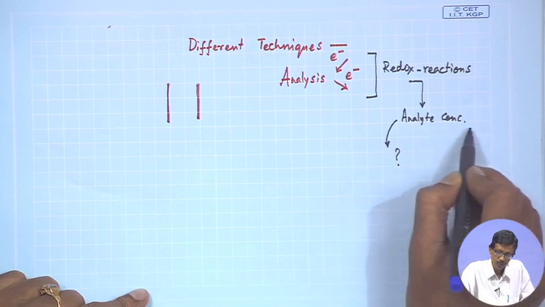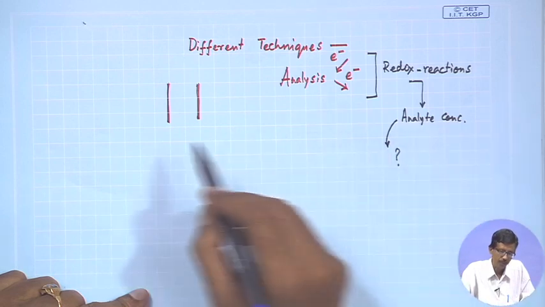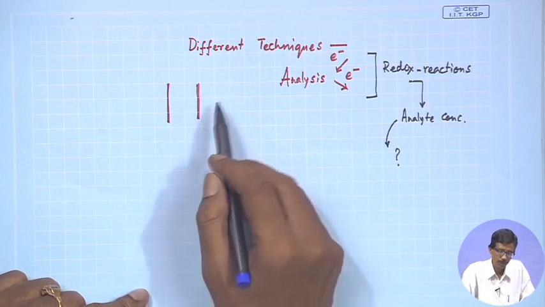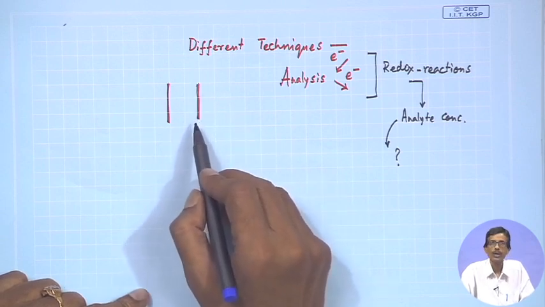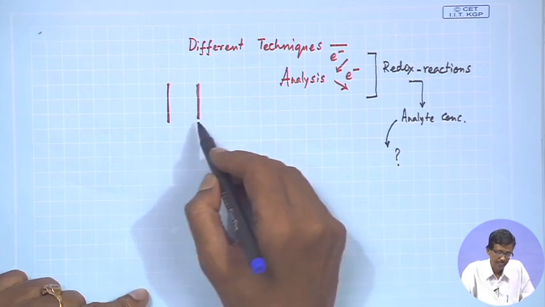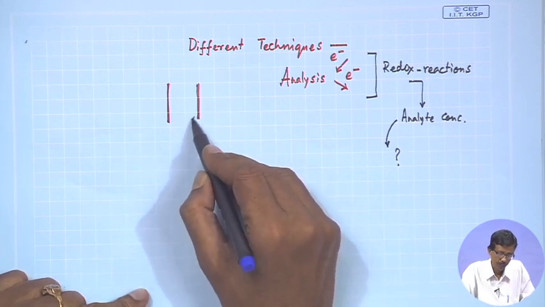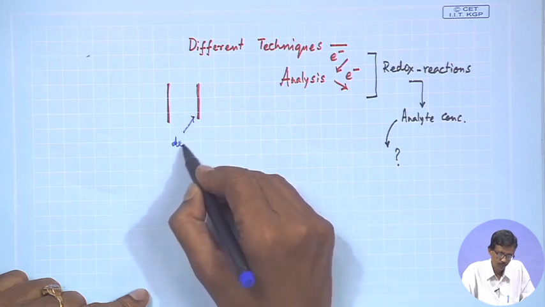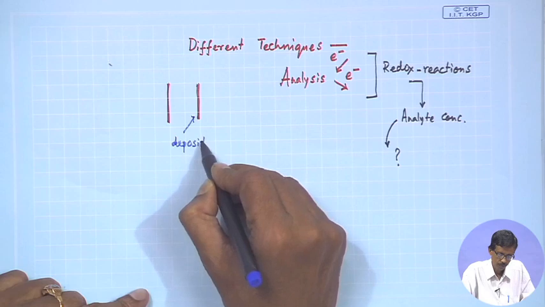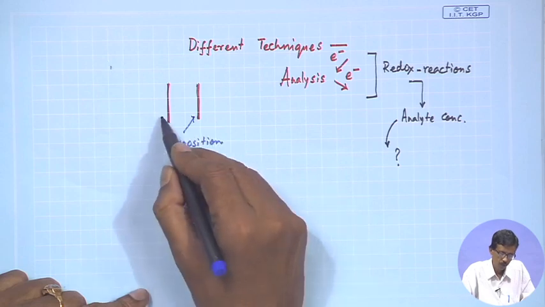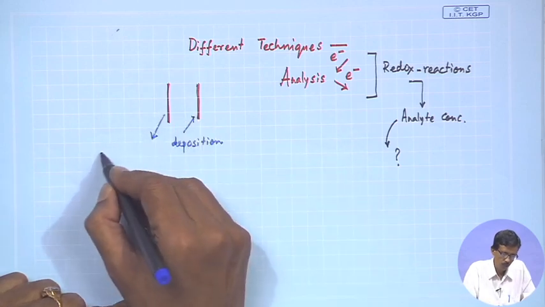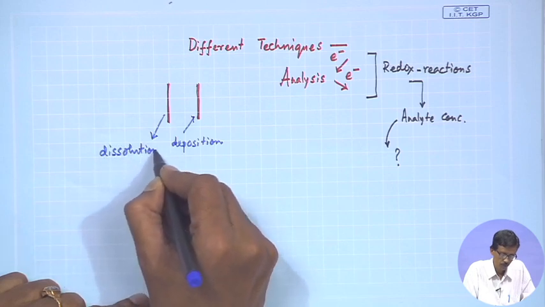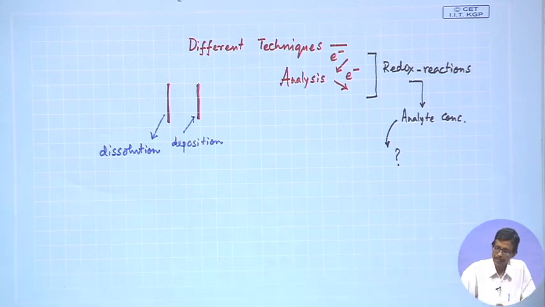And if we try to monitor this analyte concentration, from the very early stage of this electrochemical analysis classes, what we have seen there is that you can have some electrode and either we can go for some deposition, or that electrode can go for dissolution, due to the corresponding electron transfer reaction.